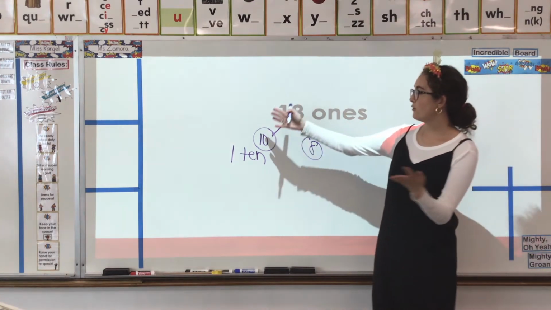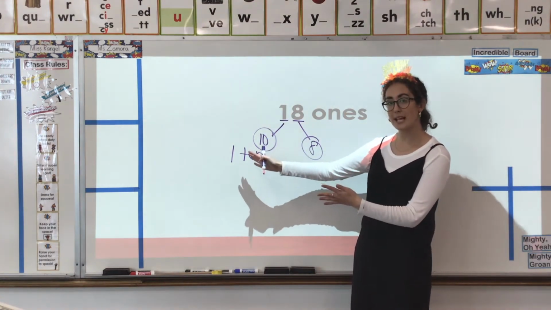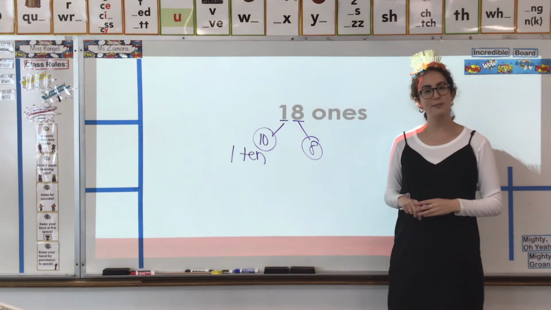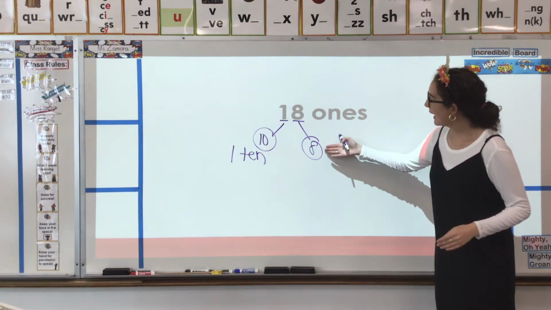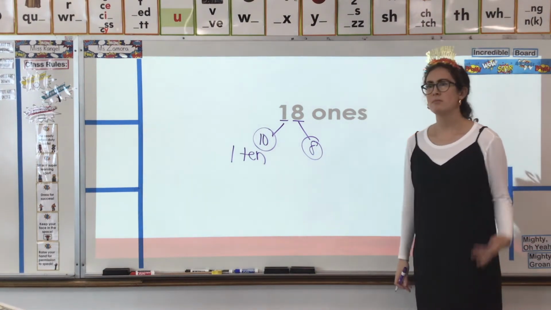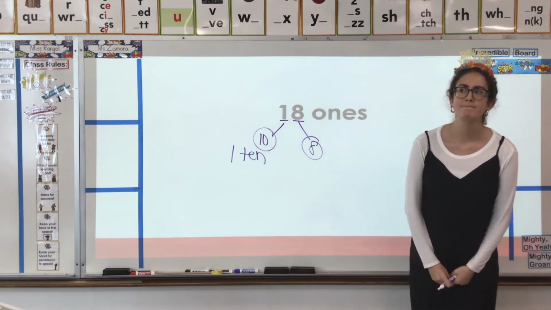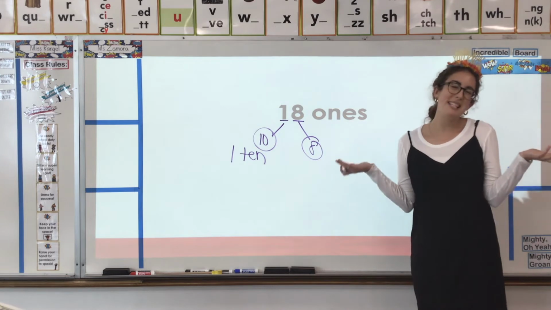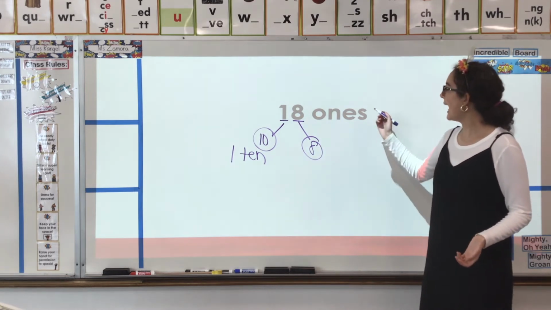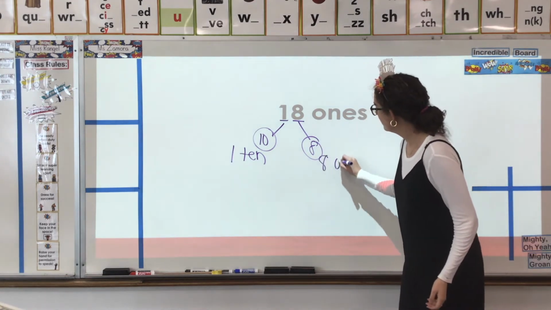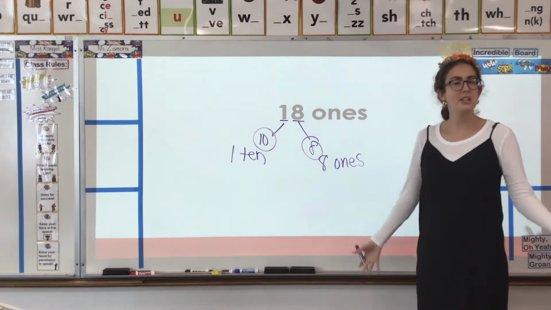So, if we bundle part of the number together, how much is left over? 8 ones. Can we bundle 8 ones together? No, it's less than 10. So 8 ones is still just 8 ones.